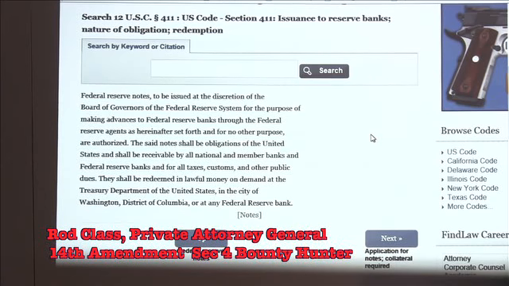Did we read that out of the Federal Reserve Act of 1913? The said note shall be the obligation of the United States and shall be redeemed at all national and member banks and Federal Reserve banks, and all taxes, customs, and public dues. They shall be redeemed in lawful money. Wait a minute. What happened to the word gold? That is lawful money. But the Federal Reserve Act had gold as lawful money.